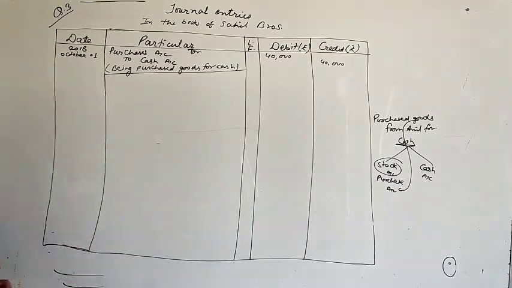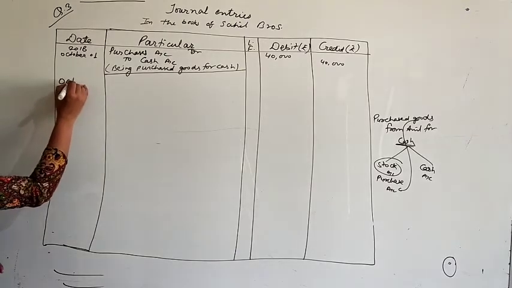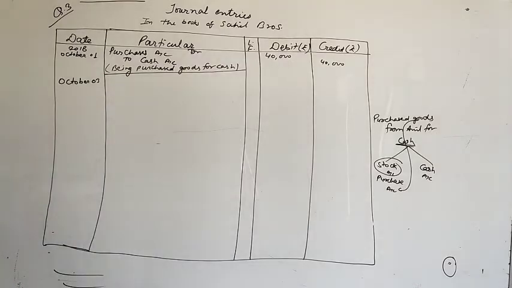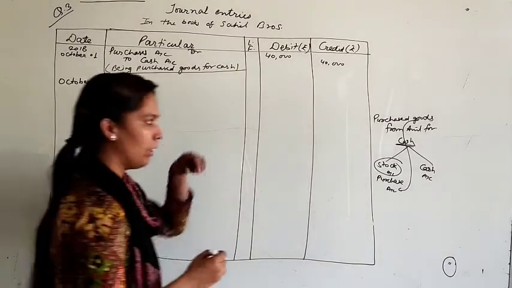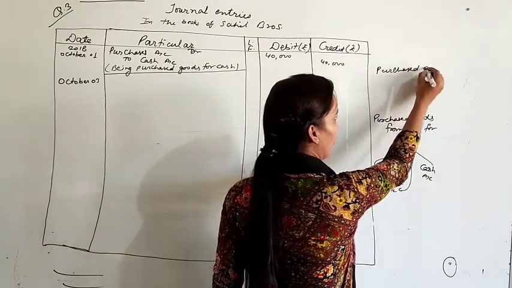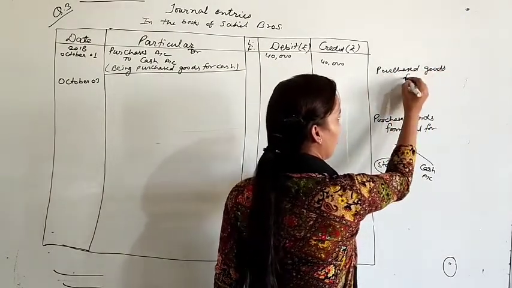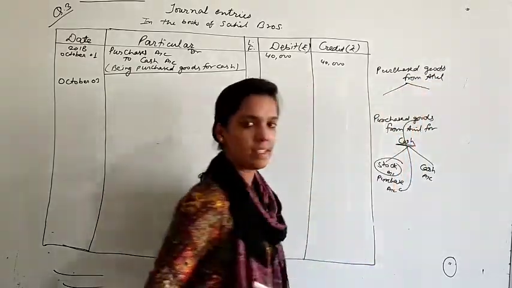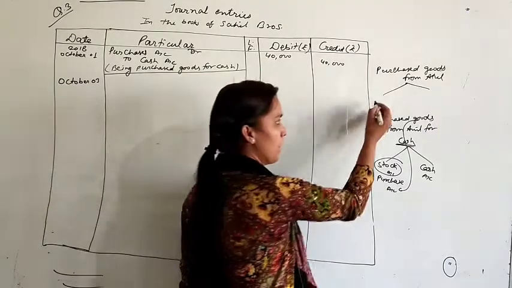Second transaction, October 3rd: purchased goods from Atul. Now you are purchasing goods from Atul, so first of all, the same thing: you are purchasing goods, which means the purchase account.